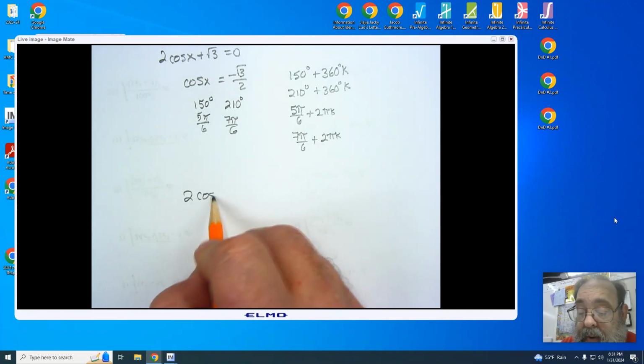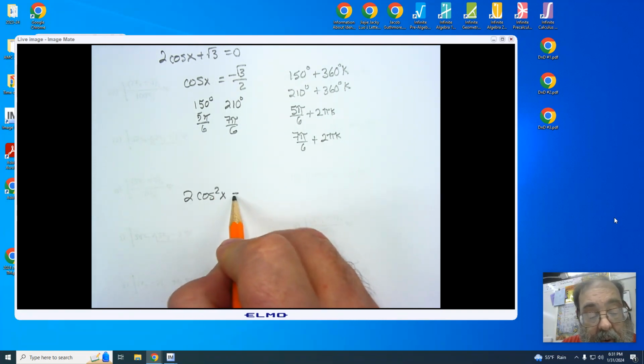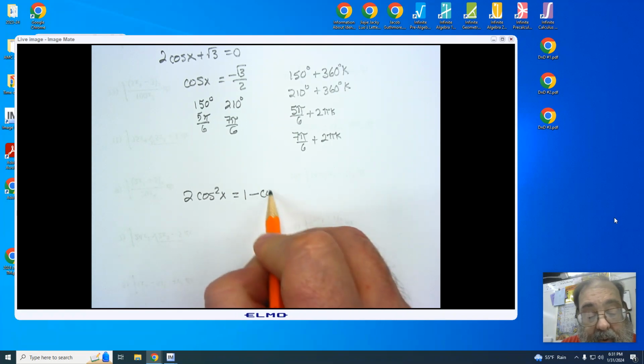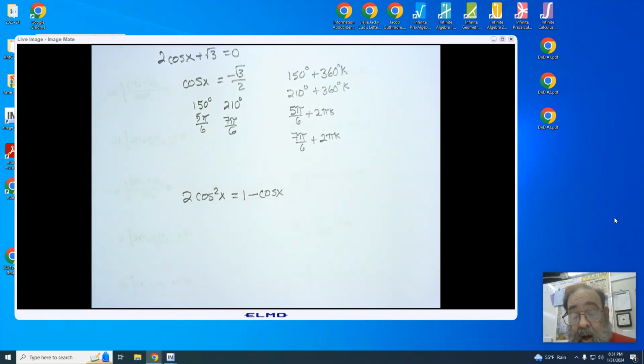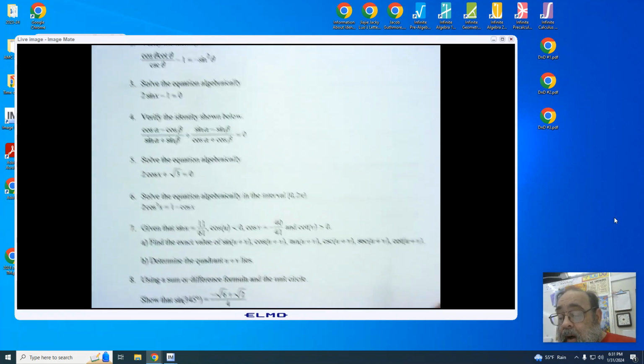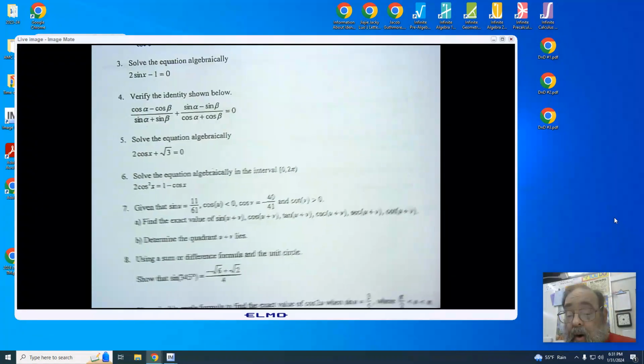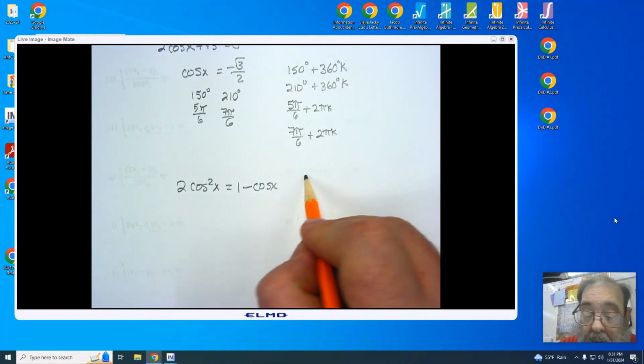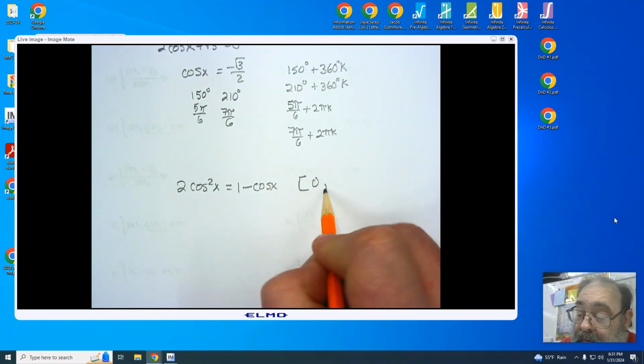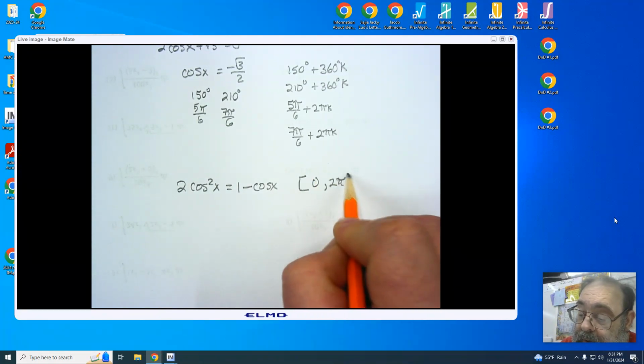2 cosine squared x equals 1 minus cosine of x. This time we are given a domain, and our domain is between 0 and 2 pi. So we are in radian mode, or we will be using radians as our solutions.